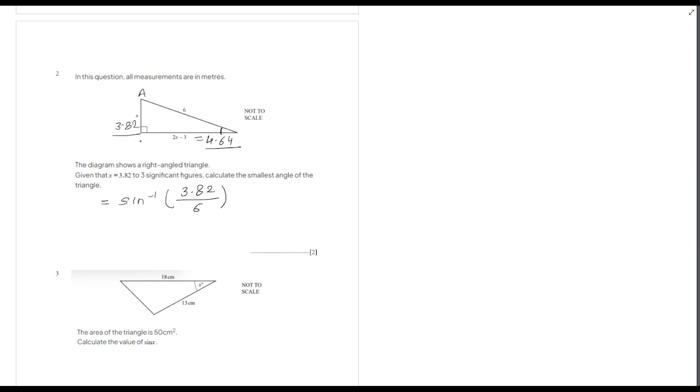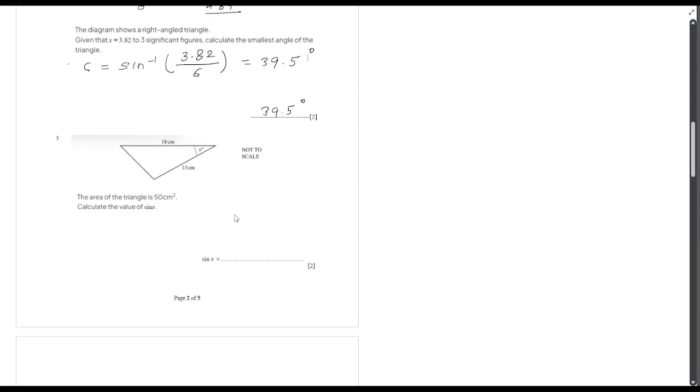Let me name it as ABC, and therefore angle C is sine inverse of 3.82 divided by 6. Answer is 39.54, so 39.5. Angles are always written up to one decimal place if nothing is mentioned in your problem.